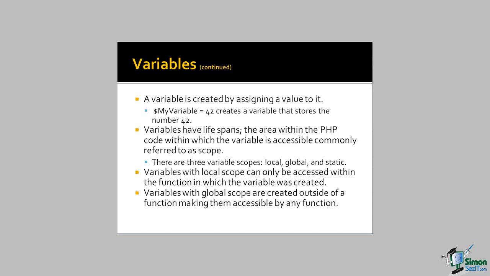Local scope is you create a variable in a snippet of code, and that variable is accessible and exists within that snippet of code. A global variable is accessible and exists throughout the code. And a static variable, which is a variable that does not change, its value does not change.